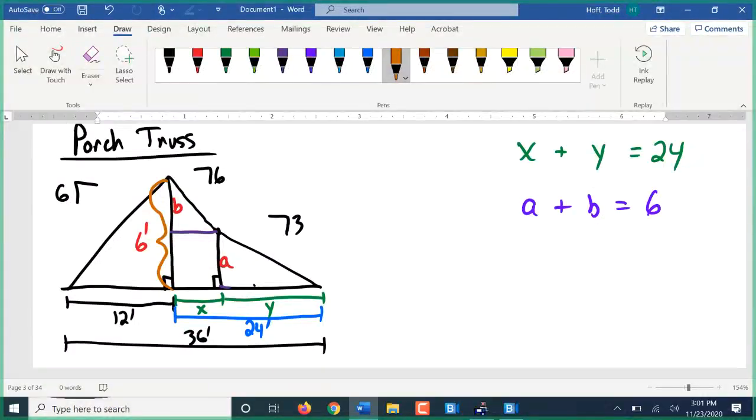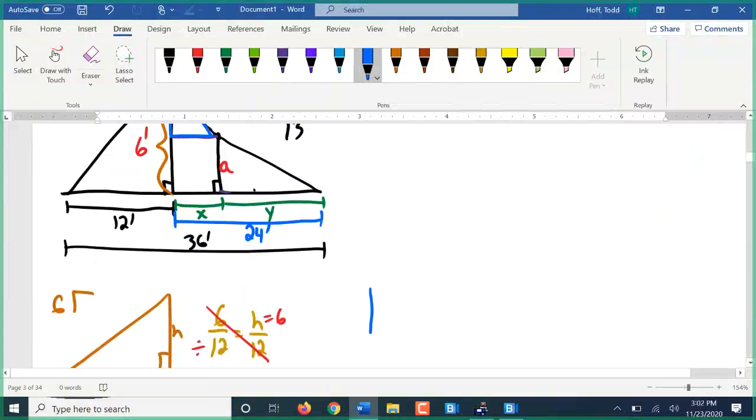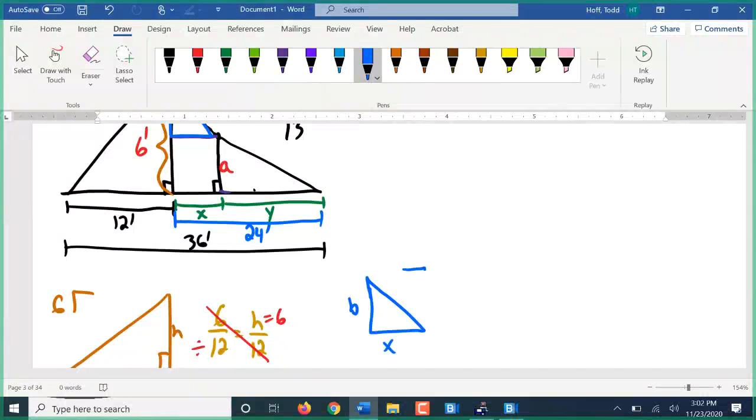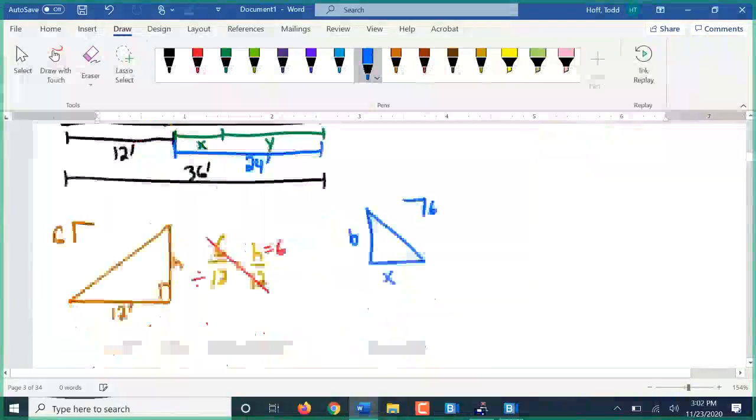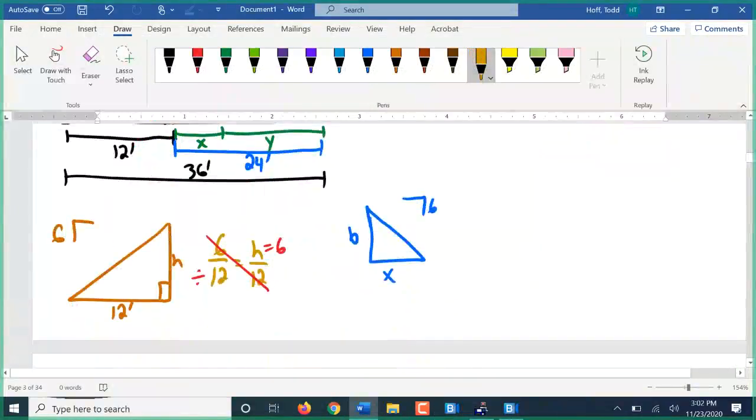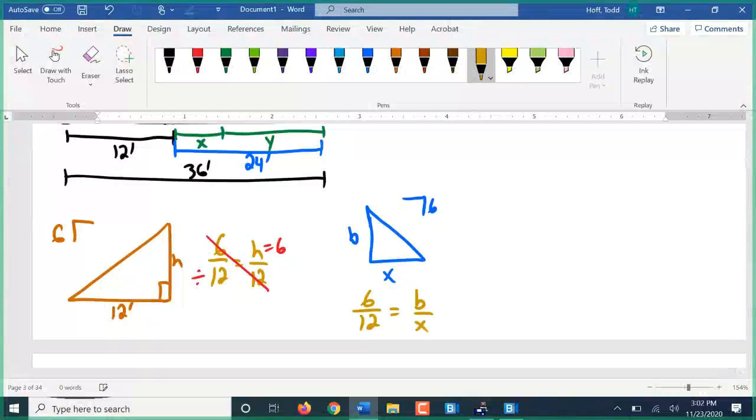Let's start by looking at this triangle here. I know that it has a rise of b, a run of x, and it is a 6/12 slope. So 6/12 slope equals a rise of b over a run of x.